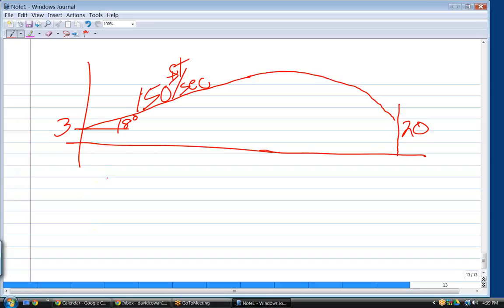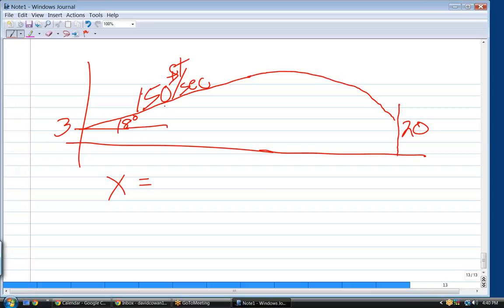Okay. How? Well, remember that the x component of this velocity is what? In other words, if I take this 150 foot per second velocity of the ball and I break it up into its x and y components, what would that be? Use trig.